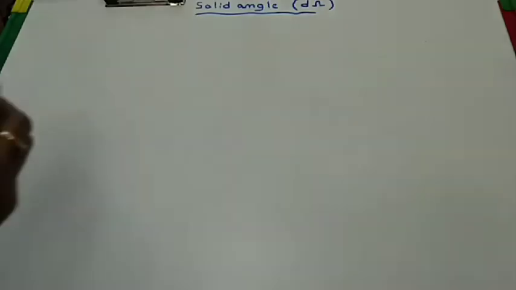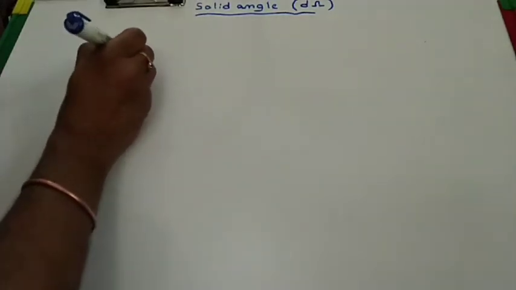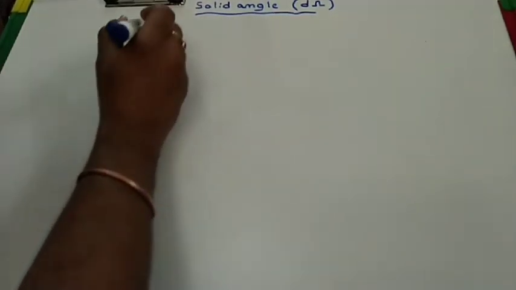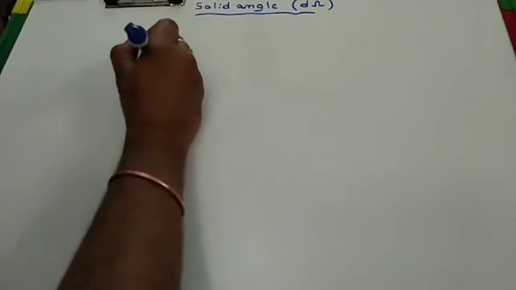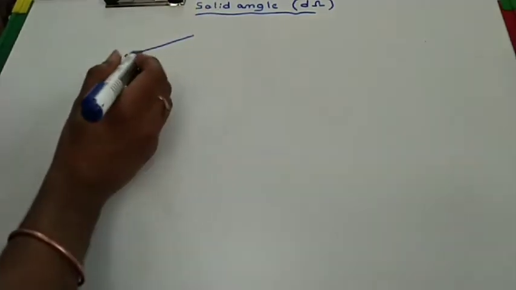Now we are going to discuss solid angle. The solid angle is denoted by d omega. Now take a sphere. In the sphere, I took one radius.